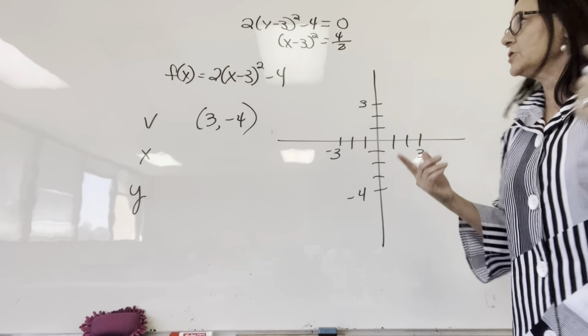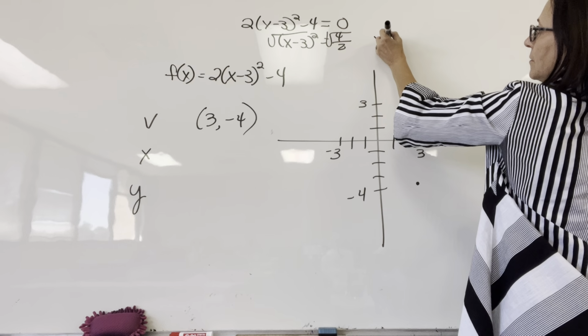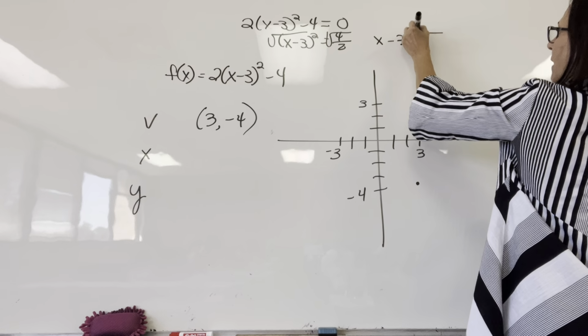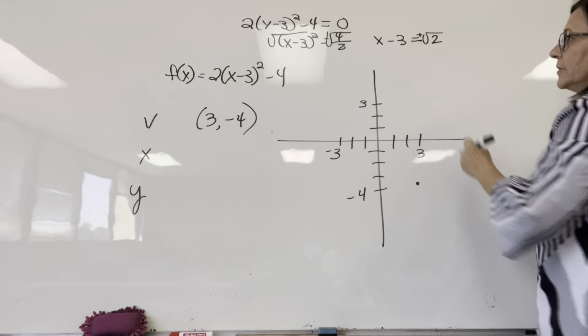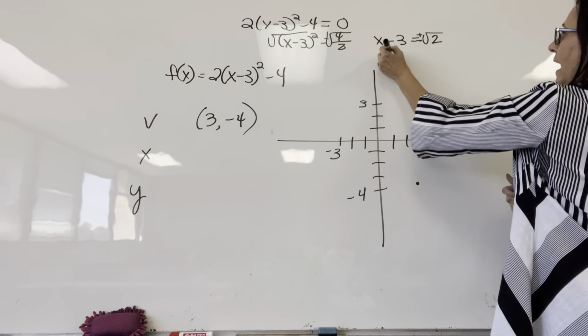Got it? Which is 2. Then I take the square root of both sides. So we have x minus 3 equals plus or minus the square root of 2. So x equals 3 plus or minus the square root of 2.